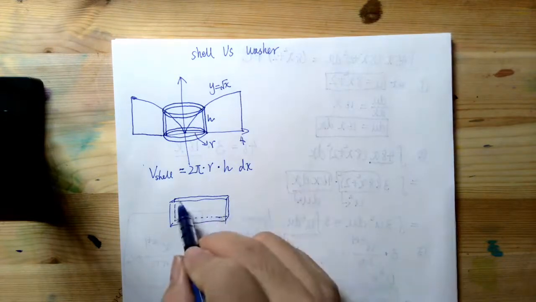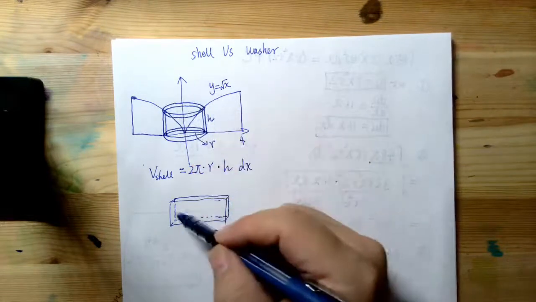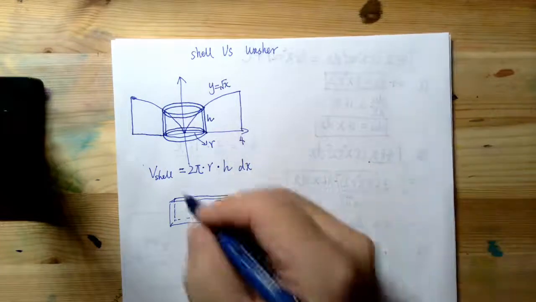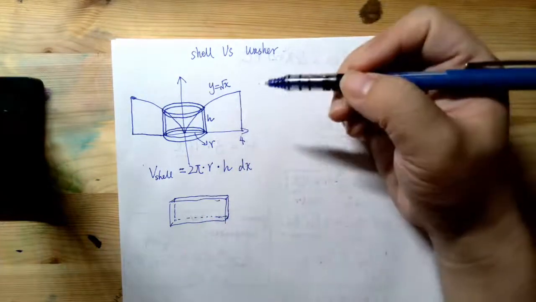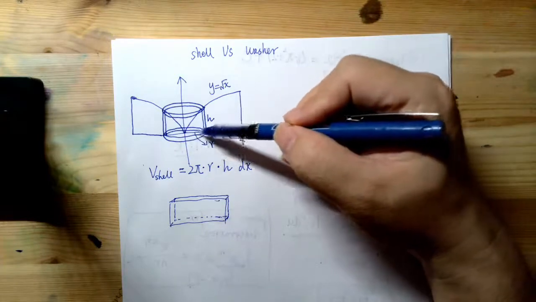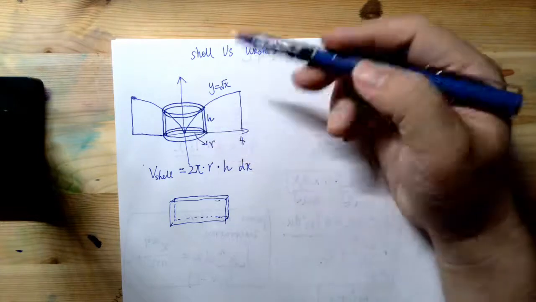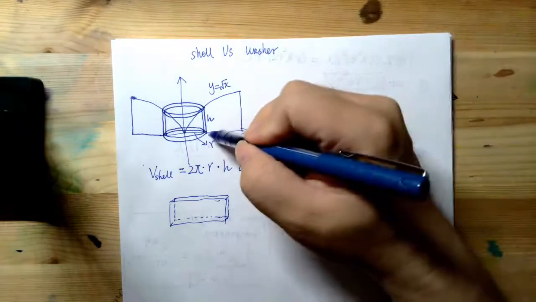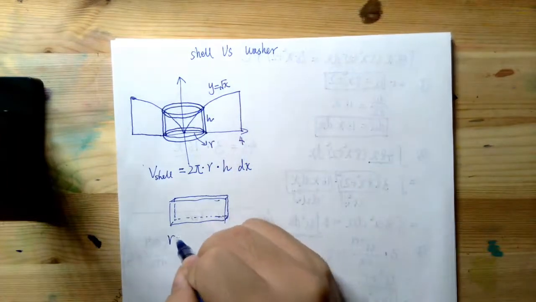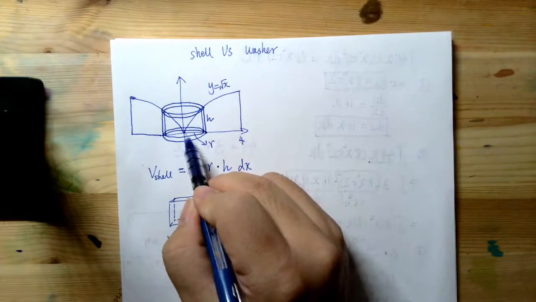The length of this part is exactly the circumference, this is the height, and this is the thickness. In this problem, my radius r, which is the length for this part, we can denote as x, because my x is moving from 0 to 4.